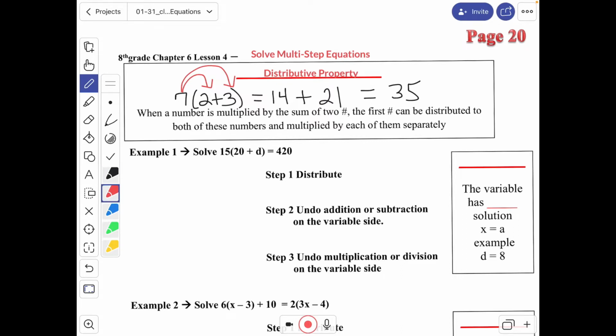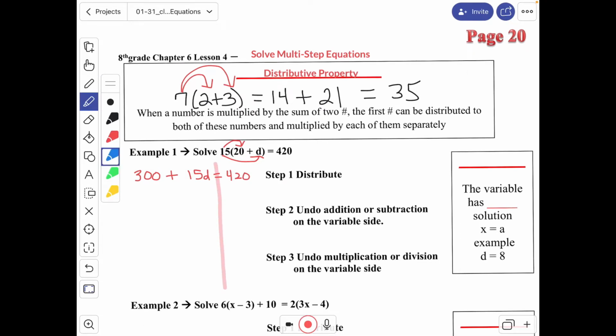Step 1, distribute. So for this one, we are distributing the 15 times 20. And 15 times 20 is 300 plus 15 times d, which is 15d, equals 420. Now we're going to solve for d. We need to get d alone.